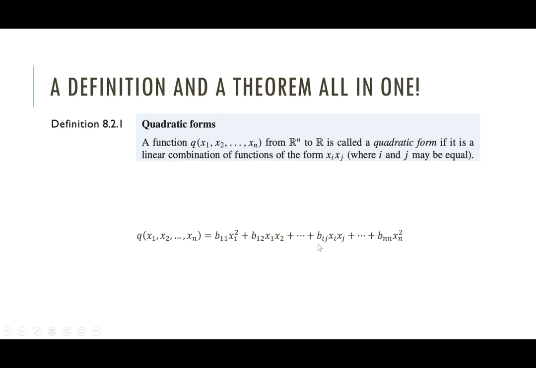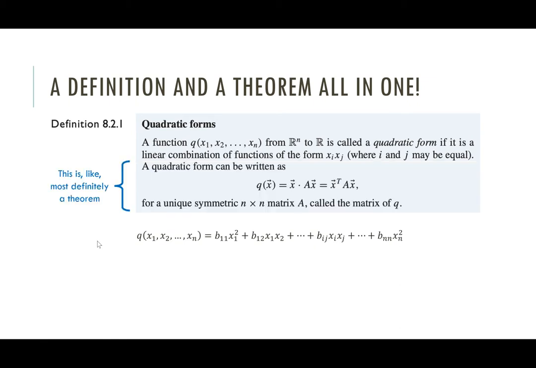You'll get all the possible mixed terms, xi xj, all the possible pure squared terms, xi squared, xj squared, all the way down to xn squared. And I just put the subscripts on the coefficients to keep track of what the terms are. So b11 just means it's two x1 terms. The bij means you have xi times xj. So anyway, this is the general kind of quadratic form.